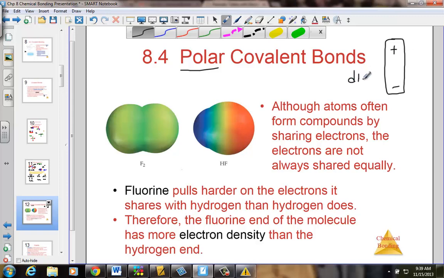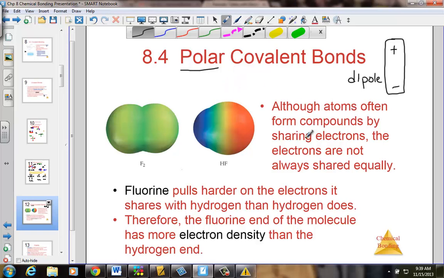It is known as a dipole. Any structure that has a region with negative charge and a region of positive charge, 2 different charged areas, is known as a dipole. To be polar means that you have regions that are more positive and regions that are more negative within the same structure.